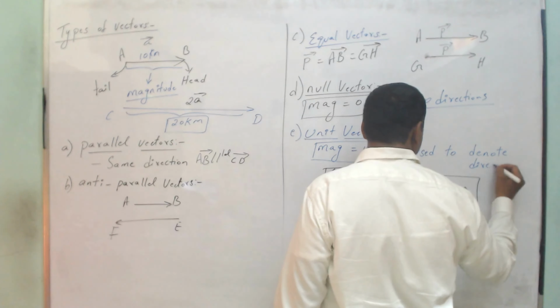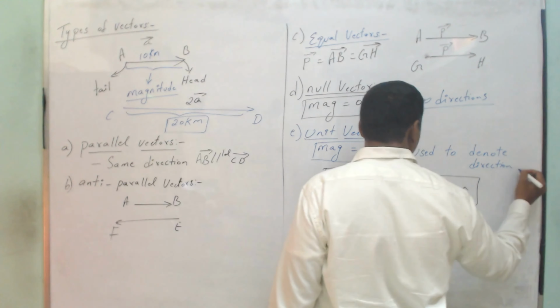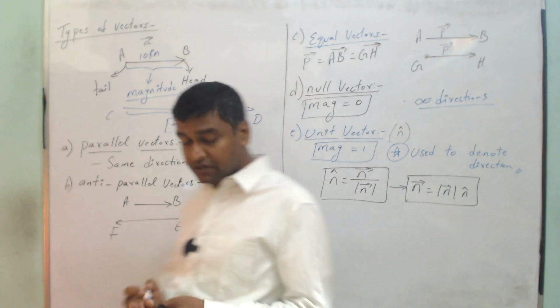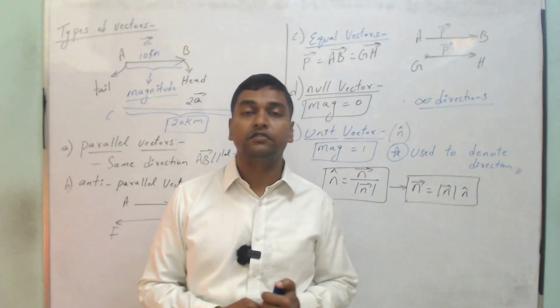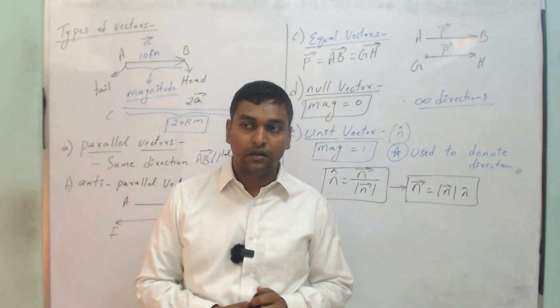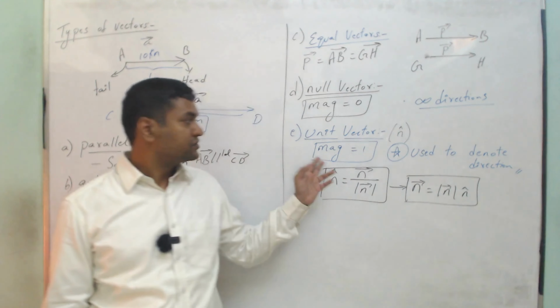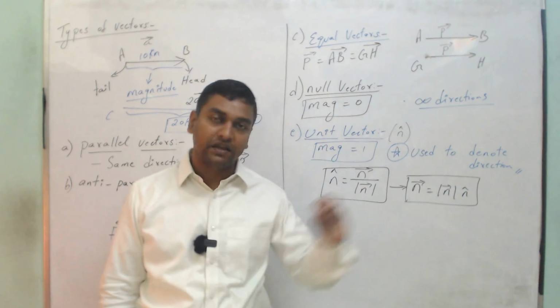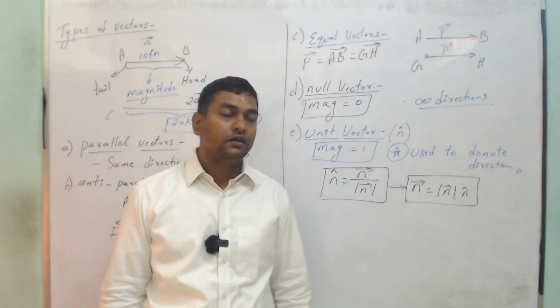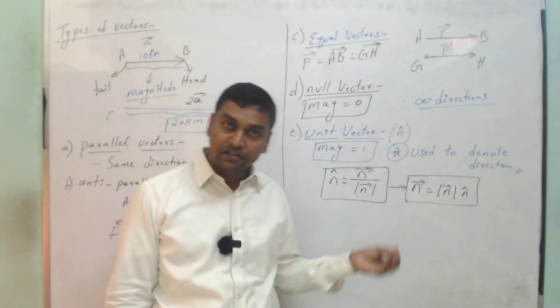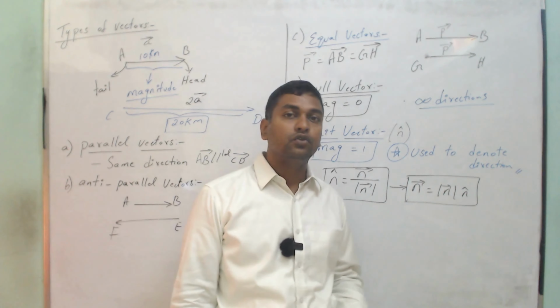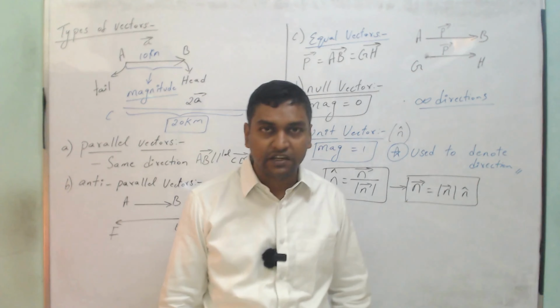Is this clear? The definition of a unit vector says that the magnitude of it is 1. But so many things come out of it. And unit vectors usually are used to represent the direction of the vector.